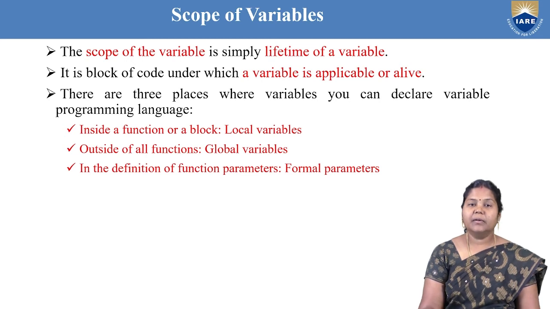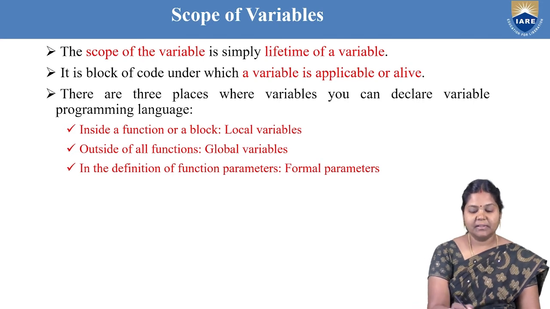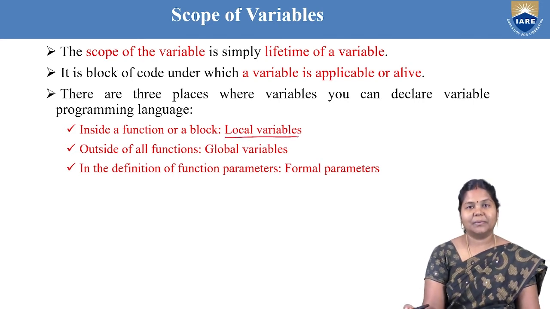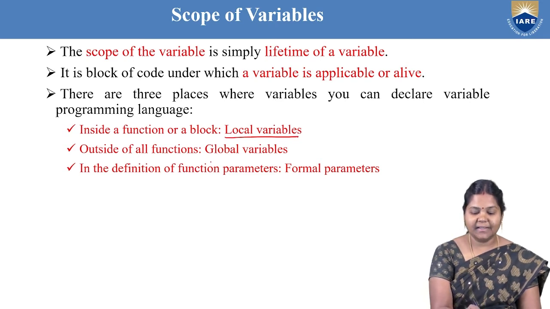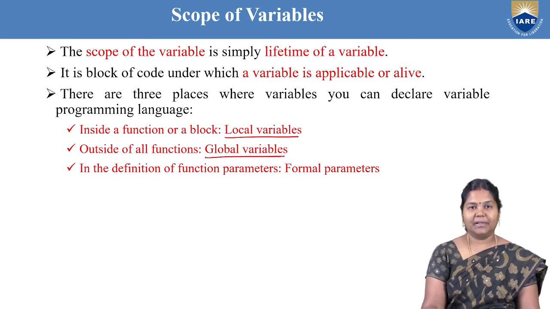Now, there are three different places where you can declare a variable in a programming language. One is inside a function. If you declare a variable inside a function, then it is known as a local variable. If you declare a variable outside of all functions, then it is known as a global variable.